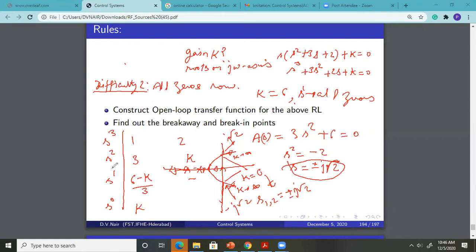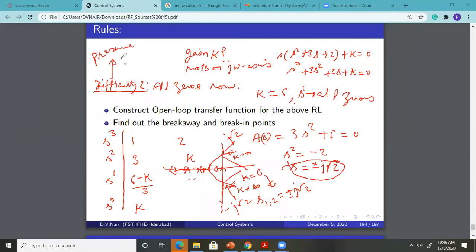And always remember your auxiliary equation will be in even terms of s. The highest power will be an even power of s. S to the power 2, s to the power 4. Why will it always be like this? Because difficulty 2 points to the presence of symmetrical roots.